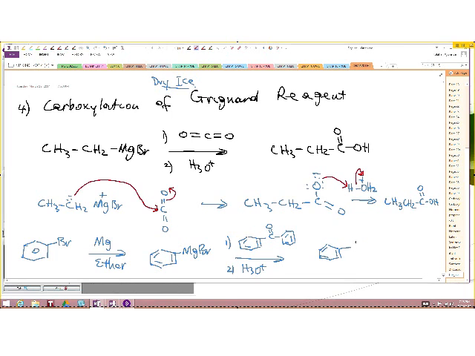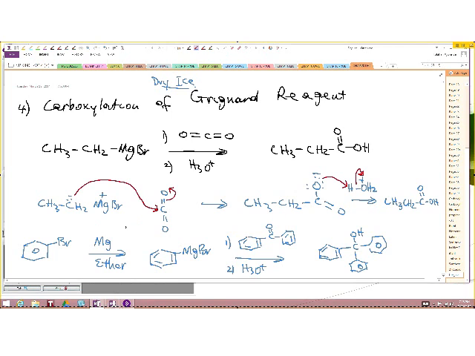Of course this is not making carboxylic acid. I just want to let you guys know, since we are talking about Grignard now. So in your case, you will make this tertiary alcohol.